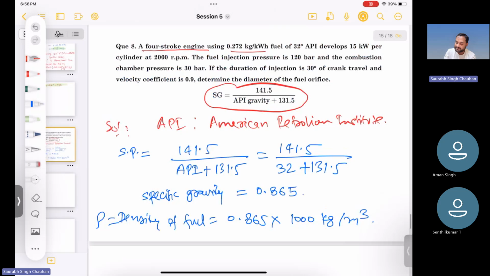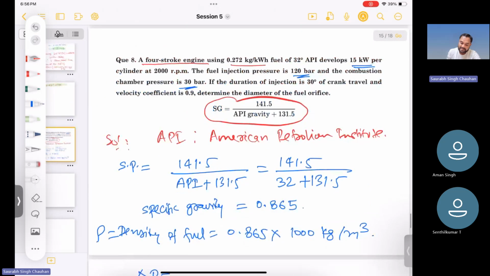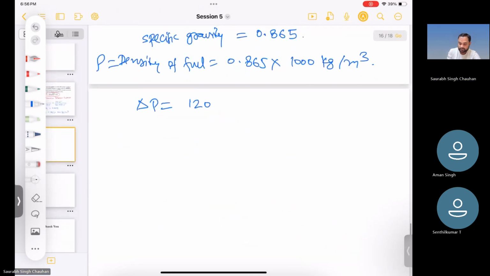The engine develops 15 kilowatt. Injection pressure is 120 bar and combustion chamber pressure is 30 bar. So the pressure difference, delta P, will be 120 bar minus 30 bar, so 90 bar is the pressure difference, right?